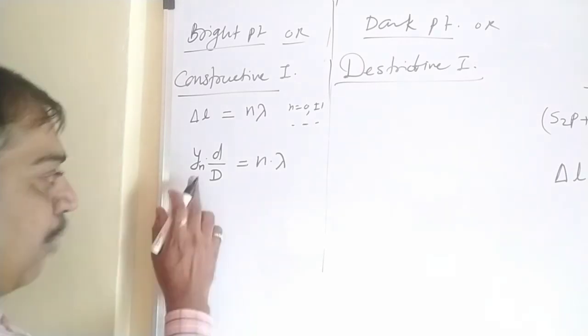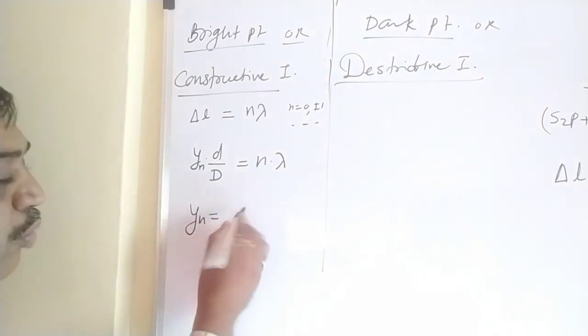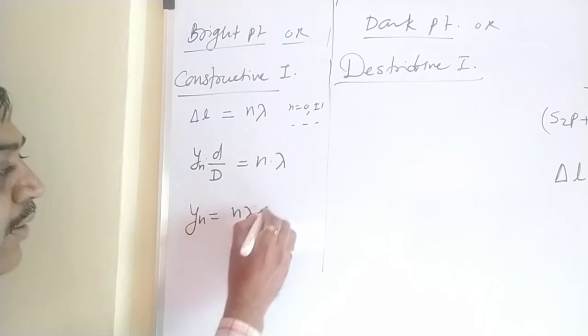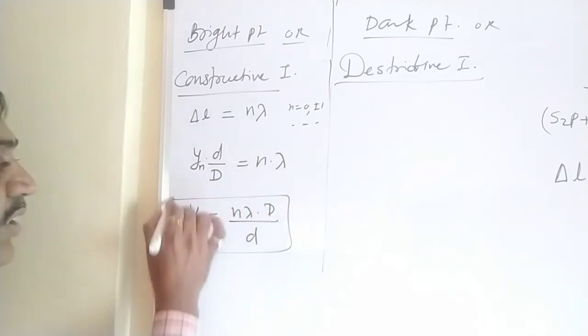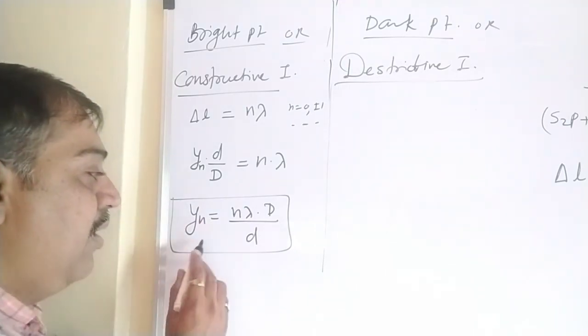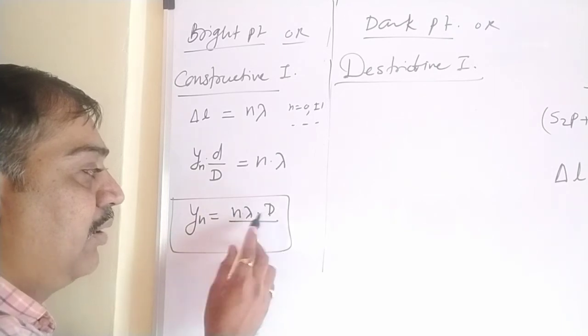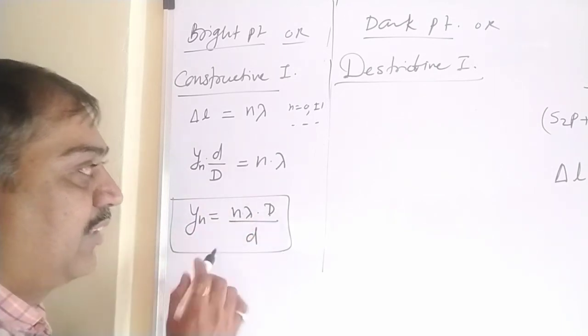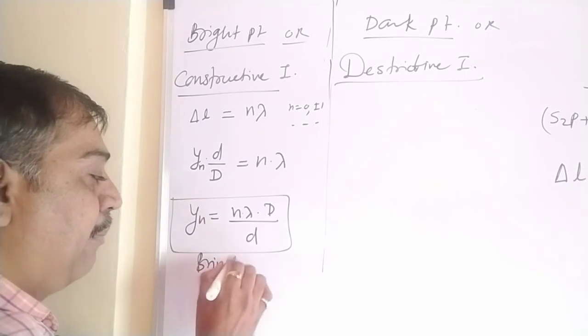For the nth bright point, directly we can find out this yn, distance, equal to n into lambda, capital D divided by small d. The nth constructive interference pattern can be found out directly. This is the condition for bright point.